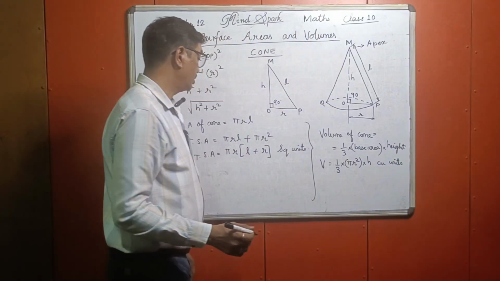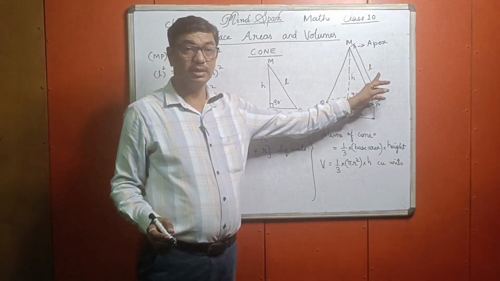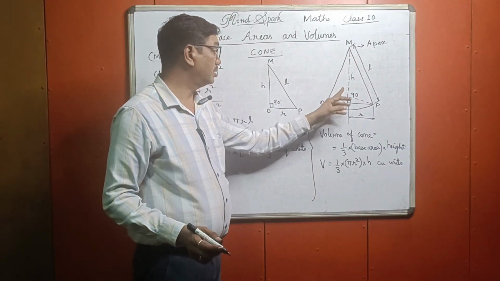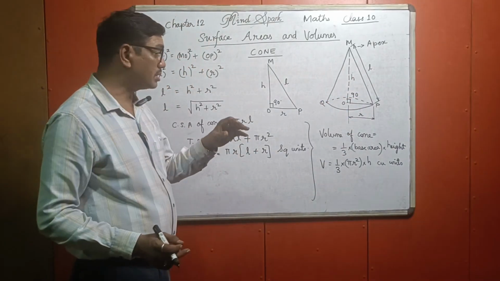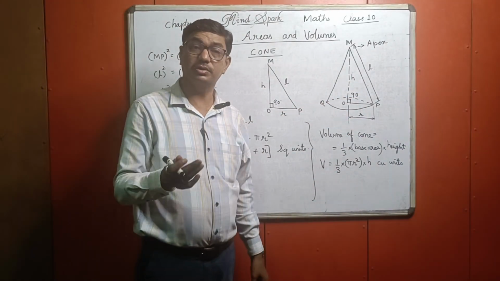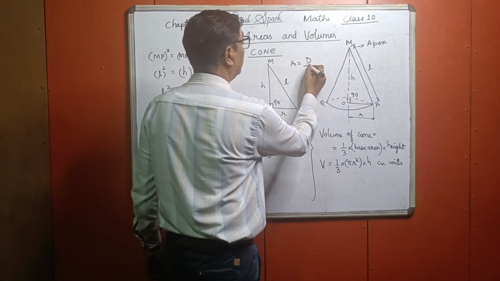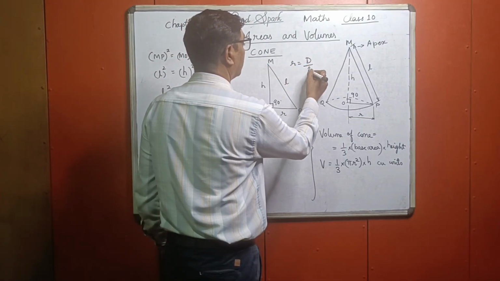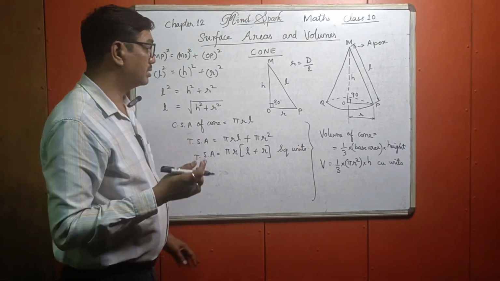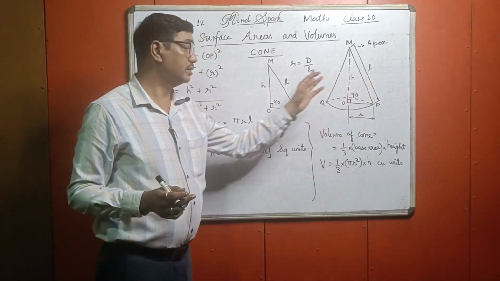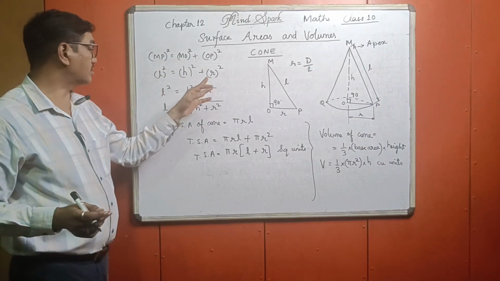In the beginning you have to find the slant height using vertical height and radius. Suppose diameter is given, then you have to use radius equal to diameter by 2. First you find that. Once you find radius, then you can find slant height: L square is equal to h square plus r square.